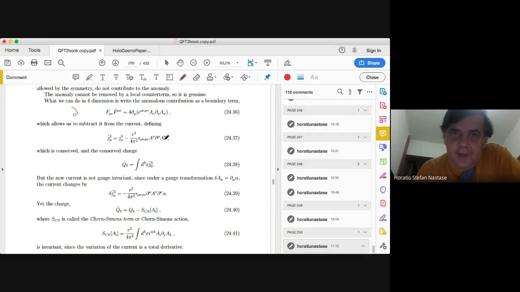If I put here d mu alpha, this part is 0 because I have d rho with d mu, but antisymmetrizing rho and mu. However, the contribution when I vary this a mu is not 0 because now I replace it with d mu alpha. So the variation of the current j mu 5 tilde is this thing times d mu alpha times d rho a sigma.